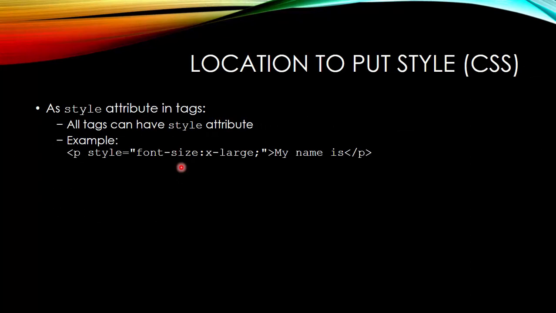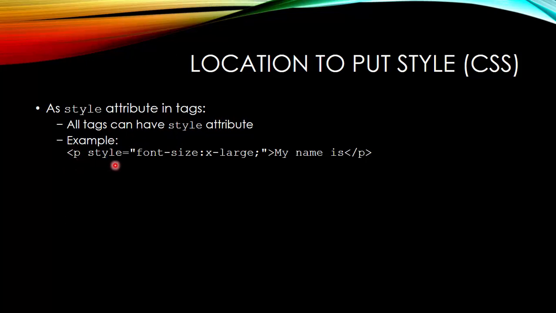CSS is somehow linked to HTML because CSS is meant to format HTML. So how do we put CSS in HTML? We can put CSS as style attribute because all text in HTML can have style attribute. So for example, this is a P tag paragraph.